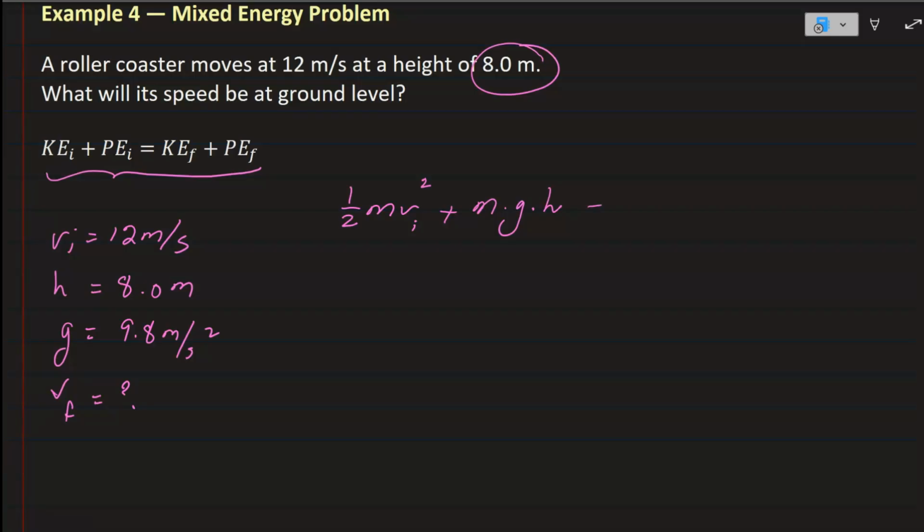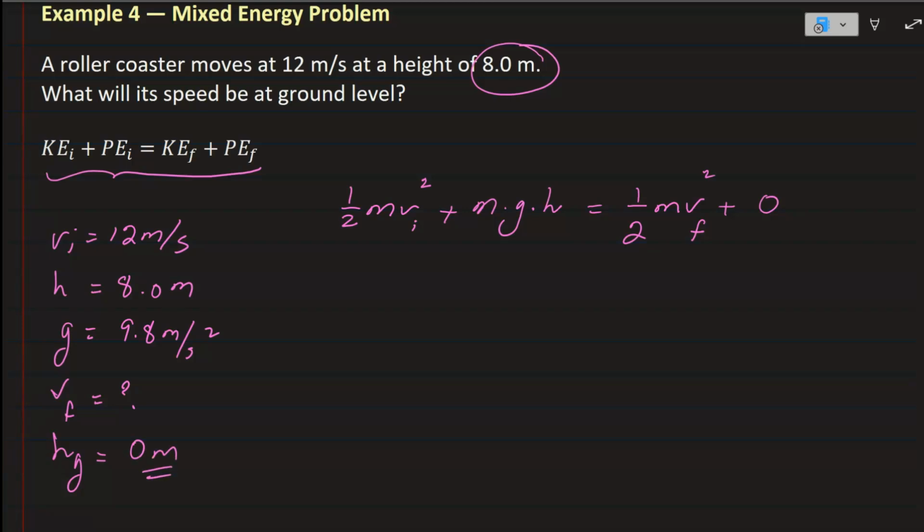But at the ground level, you're going to have only the kinetic energy, based on the final velocity, because your potential energy will be 0 at the ground level, because at the ground, h is 0 meters. So there's no potential energy.